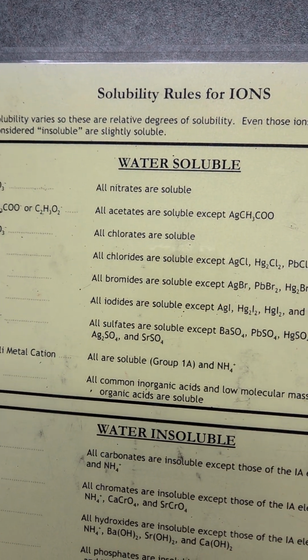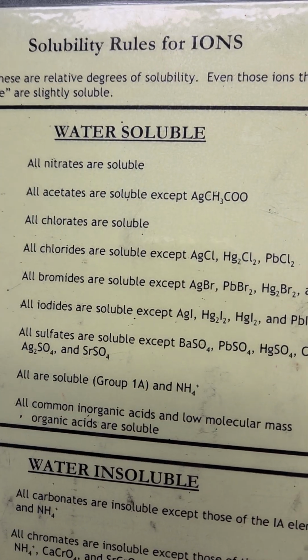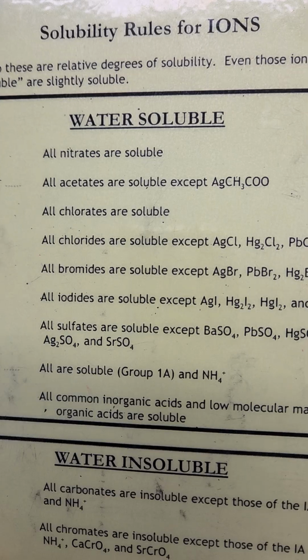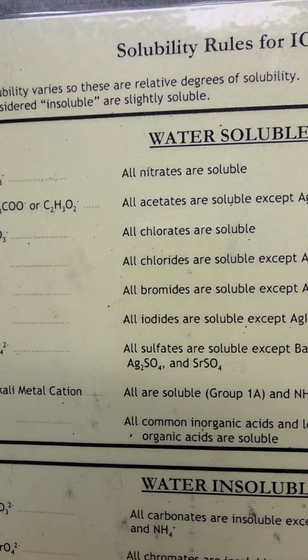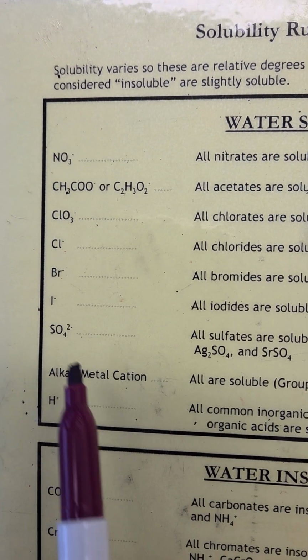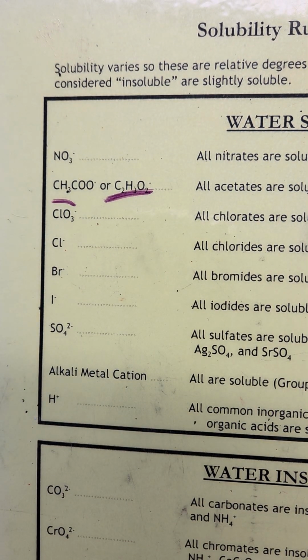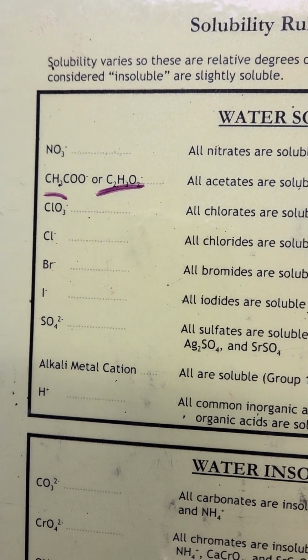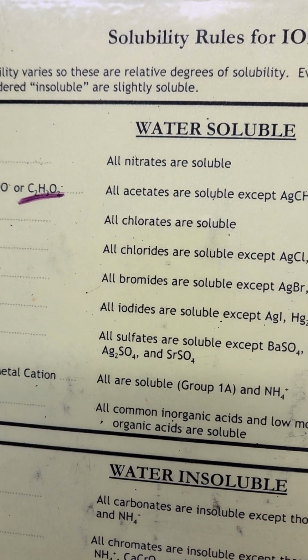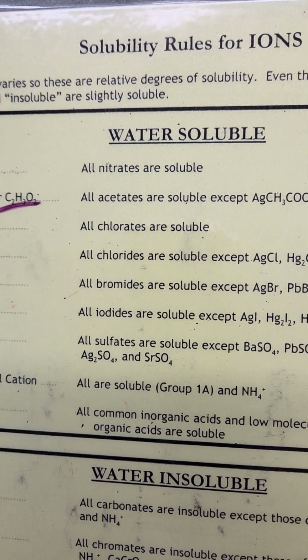And if we take a look at the first one, that is an exception to the rule on this, an acetate. They give you the two formulas for acetate. It's the same number of C's, H's, and O's. But it says all acetates will be soluble, or will dissolve in water, except if it's a silver acetate.